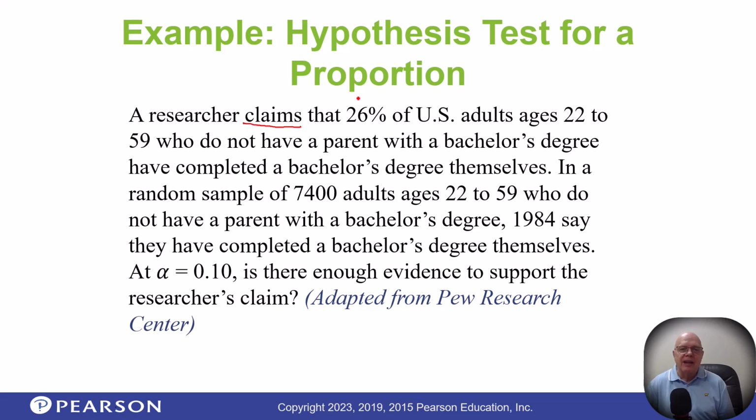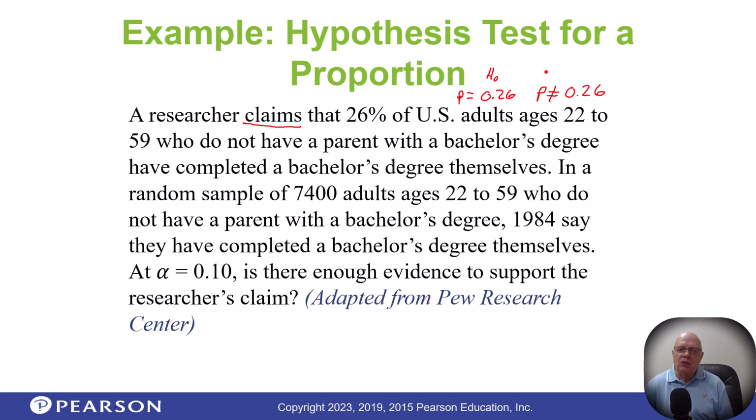Well, it says 26% is the proportion. So the claim is p equals 0.26, which means we've also got not equal to 0.26. Which one is the null?